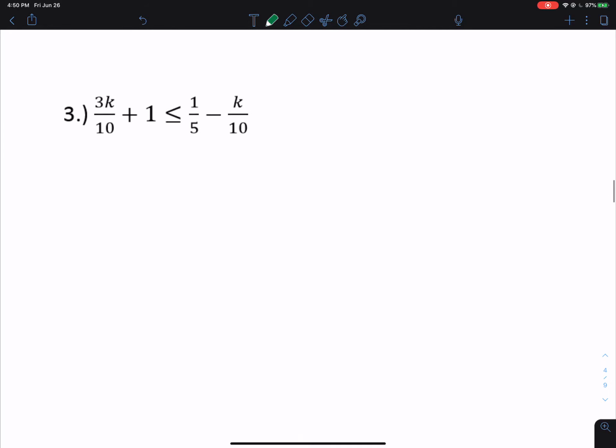If I look at number 3, I have 3k over 10 plus 1 is less than or equal to 1/5 minus k over 10. So I have another problem with fractions. Remember, to get rid of fractions, I multiply through by the least common denominator.